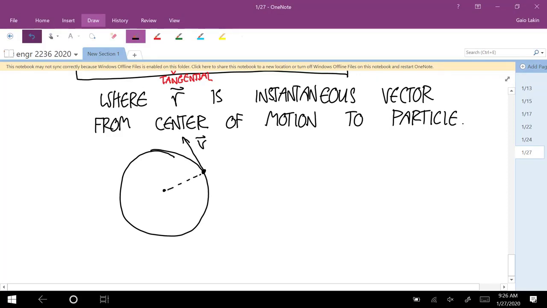And let's say that it's slowing down, then the tangential acceleration is this way. The centripetal acceleration is always toward the center. And so you come up with the components of the tangential acceleration, come up with the components of the centripetal acceleration, and then you add those components together to get the total acceleration.